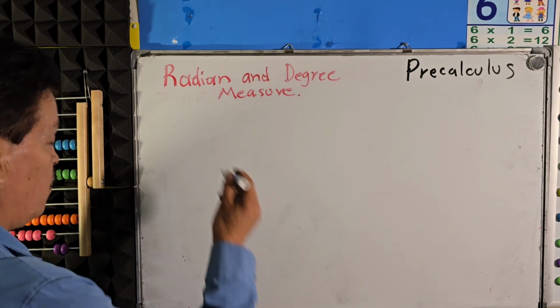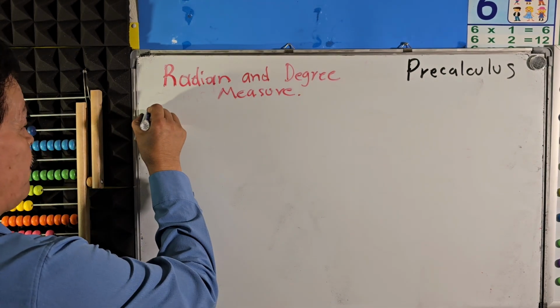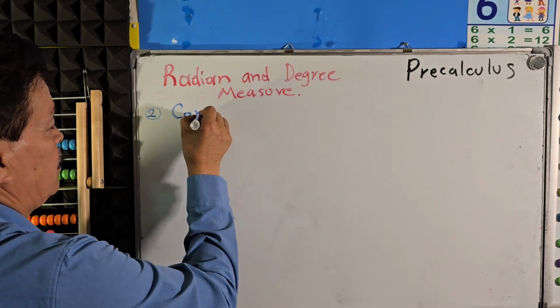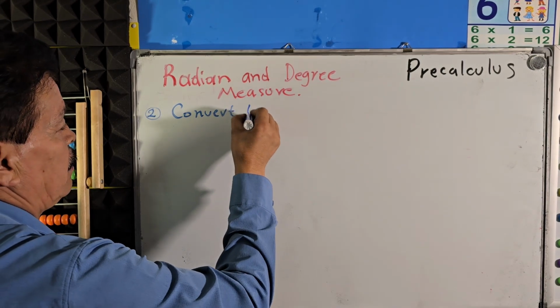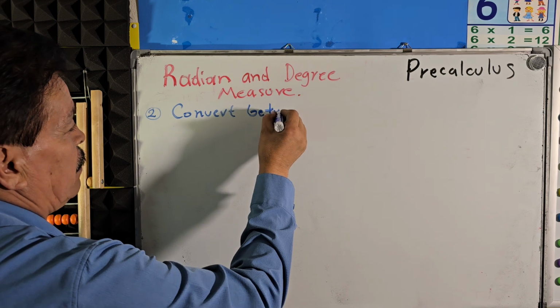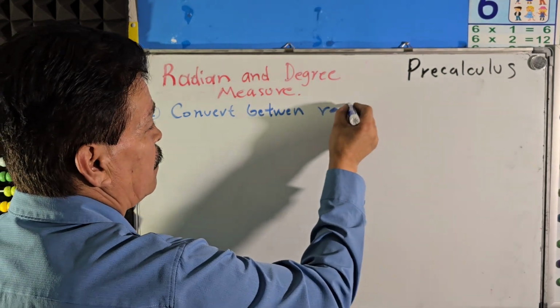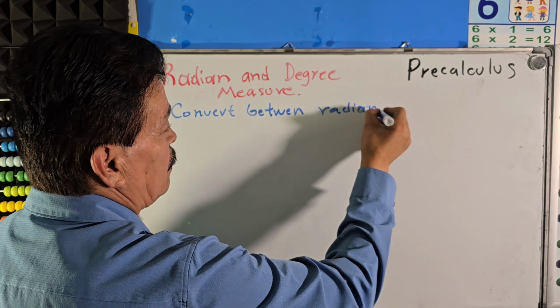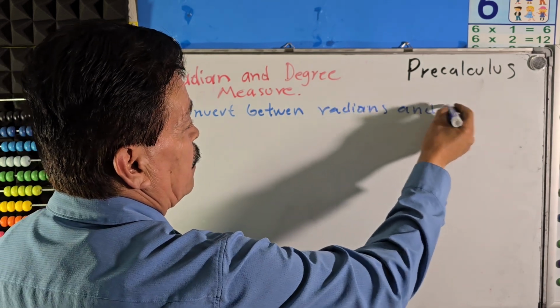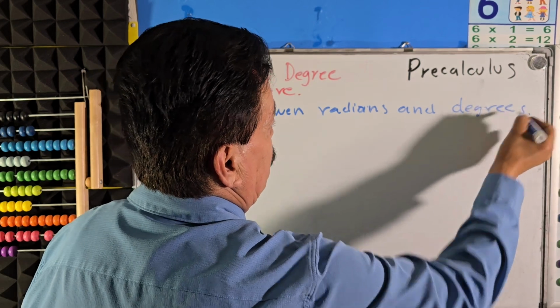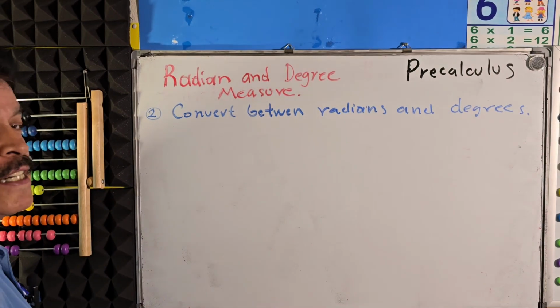Okay, how do we convert between radians and degrees?